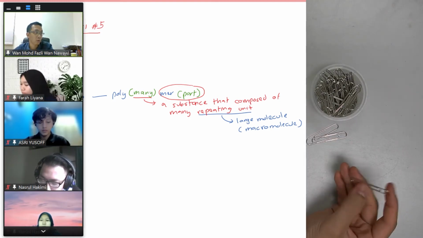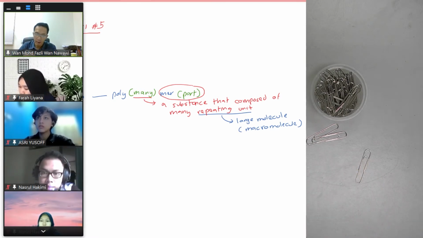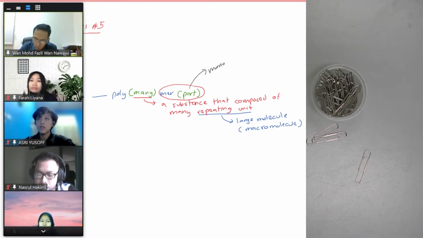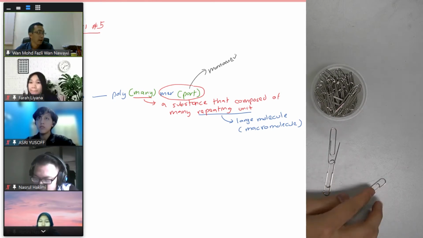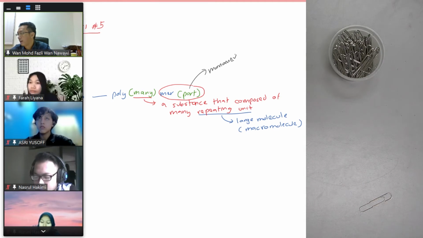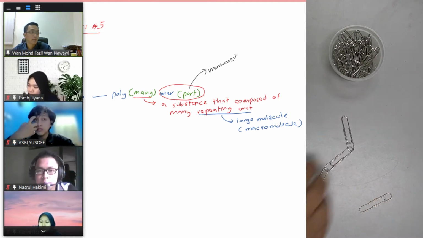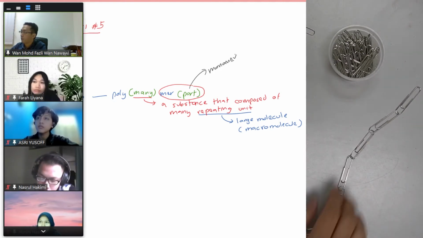One unit part we call a monomer. And when you combine these together like this, you get something bigger, long like that. So that is sort of an analogy of a polymer.